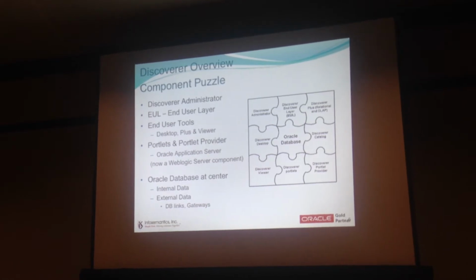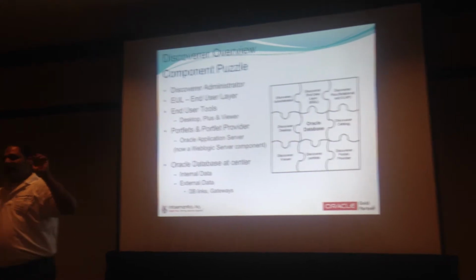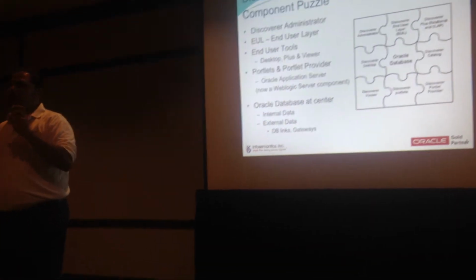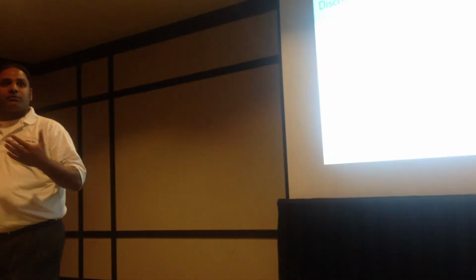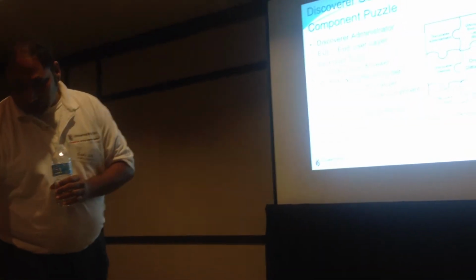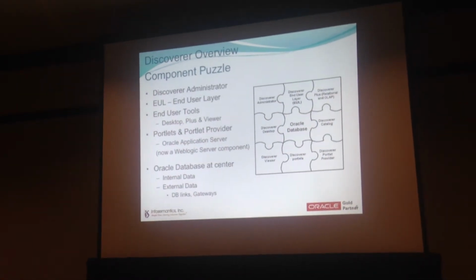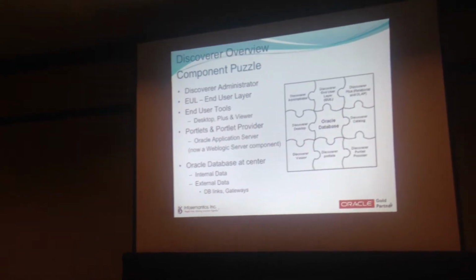Then there was the Plus tool, which is the web-based or Java-based product for developing reports. And of course, we also had the Viewer, where we could allow users only to view the reports. The other interesting point is about portlets and the portlet provider. This was a bit tricky when you were using Discover. You still had an option to use it, but you had to go through several steps before you could implement it. And then, of course, the Oracle database at the center, with the external data, internal data, however we want to implement that.